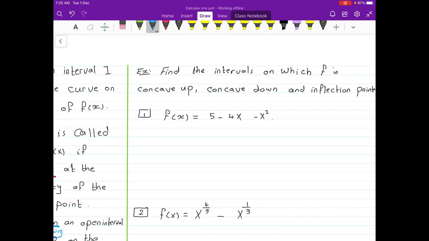You can practice this example more: find the intervals of increasing, decreasing, and the relative max and the relative minimum.